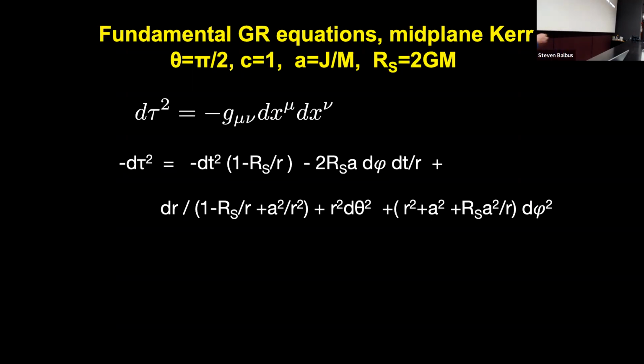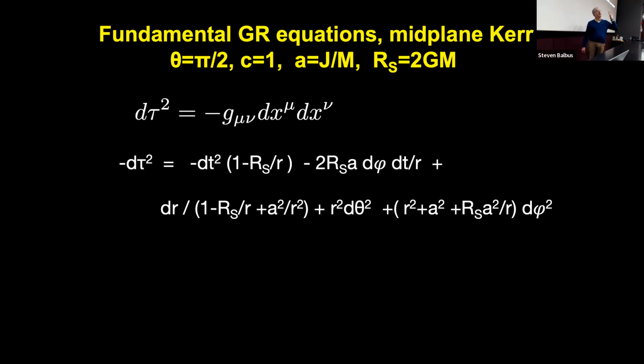Basically, A is the physical angular momentum of the black hole, J, divided by the mass of the black hole, and then times c, the speed of light, which I haven't written. So basically, the angular momentum of the black hole is J = M A c.